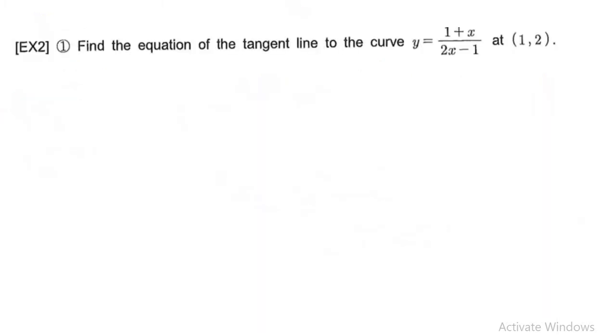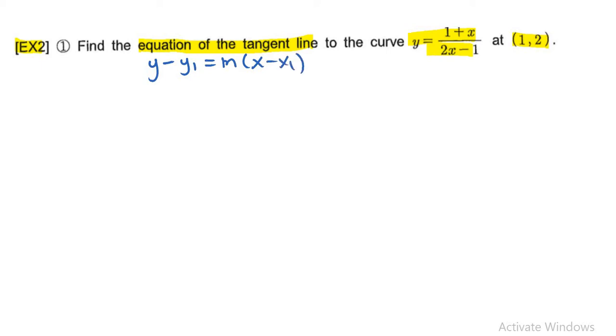I'm now moving on to example number 2. For example number 2, I need to find the equation of the tangent line to this expression at the point (1, 2). Whenever I see the term equation of the tangent line, I can write down the equation of the line, which is y minus y1 equals m times x minus x1.